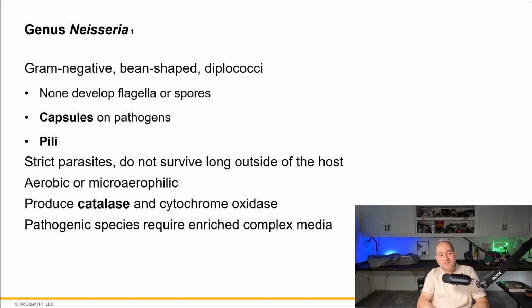They have pili. They are strict parasites, which means that they become nutritionally dependent on hosts. And did you know that they do not even survive long outside of the host? They require a host in order to live. They are aerobic or microaerophilic. They produce catalase and are cytochrome oxidase positive.